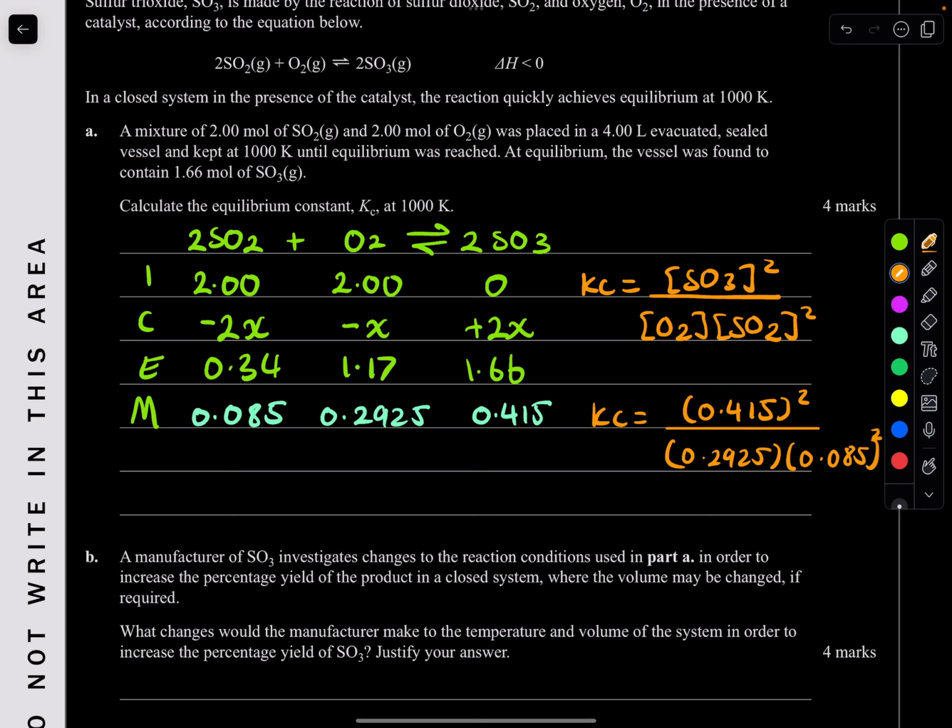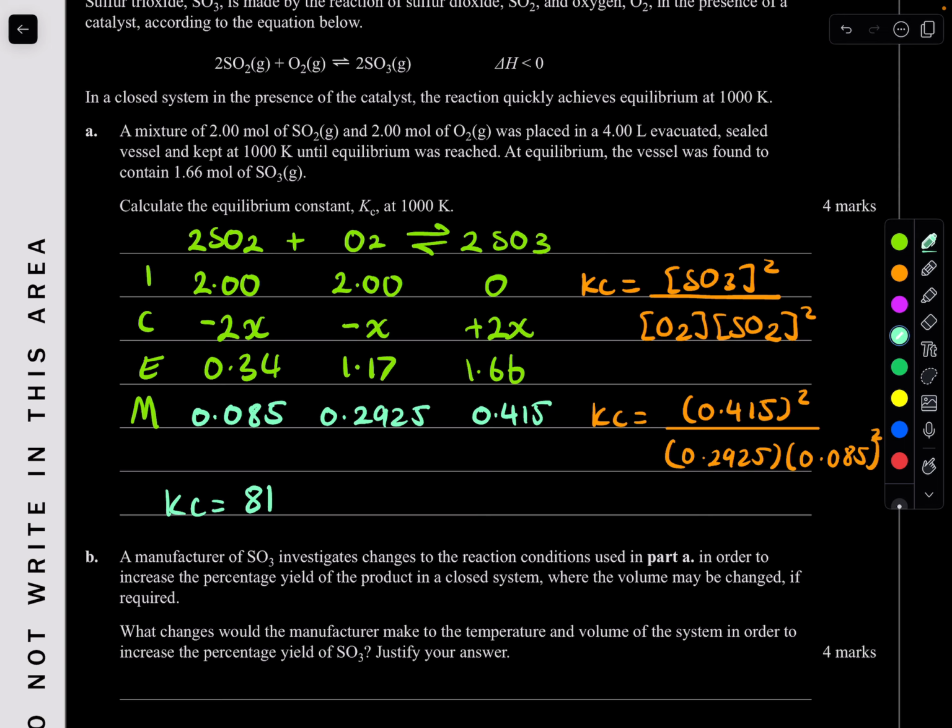So putting this all in your calculator, we should get 81.49, some big value. Because we used 2 significant figures as the lowest, your actual equilibrium constant is going to be finally pretty much 81.